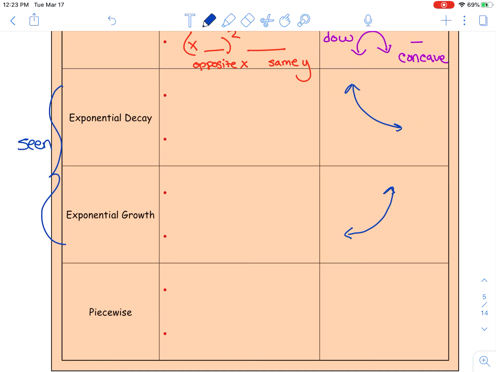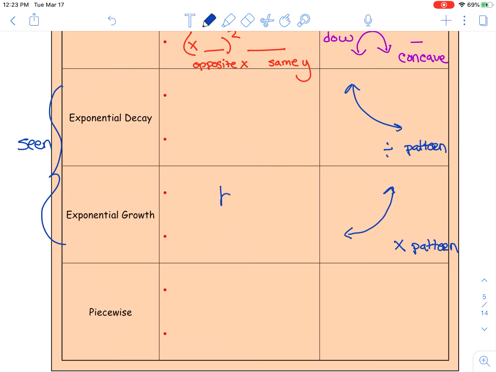And so that downwards curve is a dividing pattern. And I'm going to change that to a divide sign. And that upwards one is a multiply pattern.